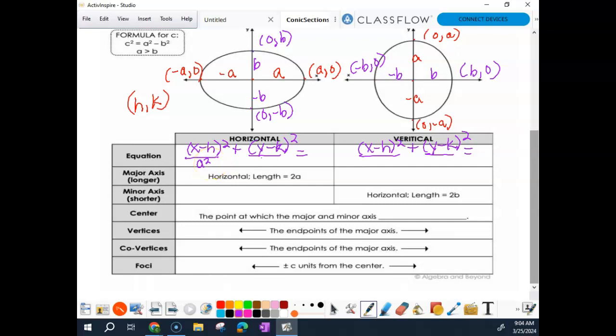And the B is my shortest axis, so I'm going to put B squared under the Y. If I go to the vertical one, the longest one goes under which one this time? The Y. So this is my A squared, this is my B squared, and we're going to set them both equal to 1.